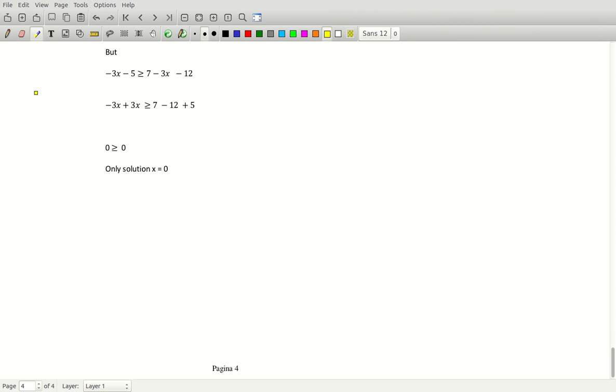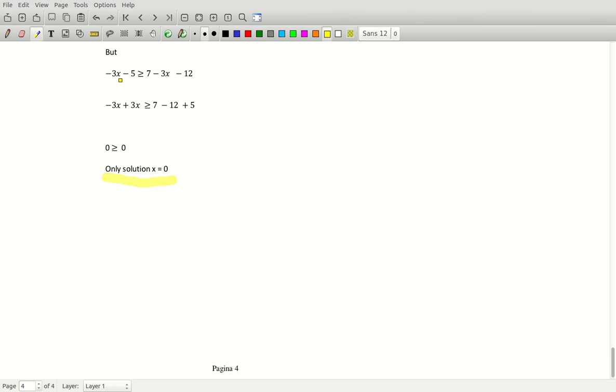In this situation, you can think that we have only one solution, x equal to 0. This is incorrect, because we eliminate the x. So this is an always verified situation. Always 0 is greater or equal to 0. So this is an identity.